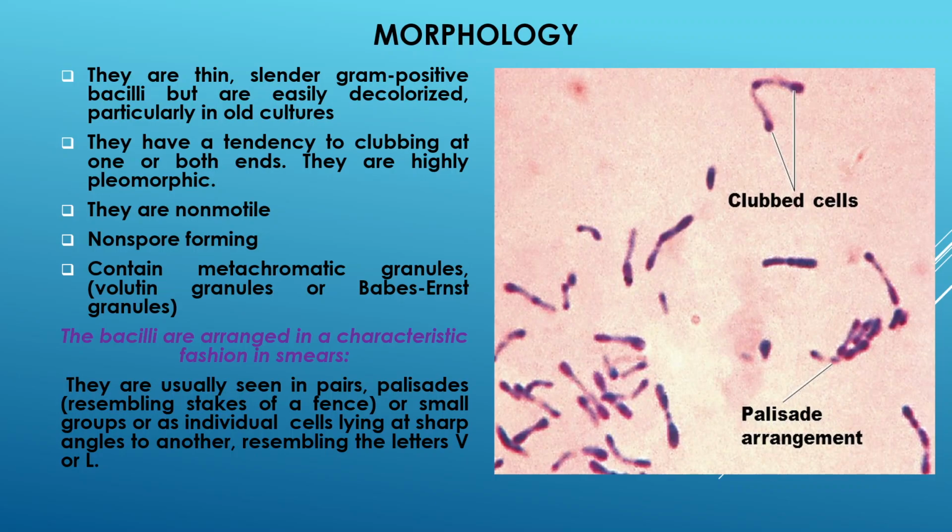The bacilli are arranged in a characteristic fashion in smears. They are usually seen in pairs, palisades resembling the stakes of a fence, small groups, or as individual cells lying at sharp angles to one another, resembling the letters V or L.